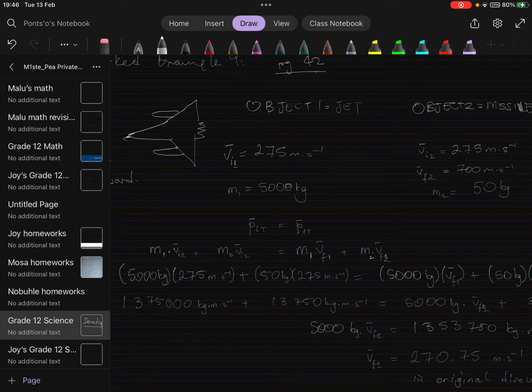But after the calculation, or rather the launching of the rocket, we find that the velocity of the jet has changed. Yeah, the direction is still the same, but the size has changed. And it's moved from 275 meters per second to 271 meters per second. So what does that tell us about the impact that the rocket had on the jet as it got launched?